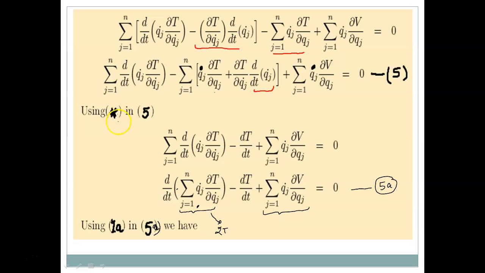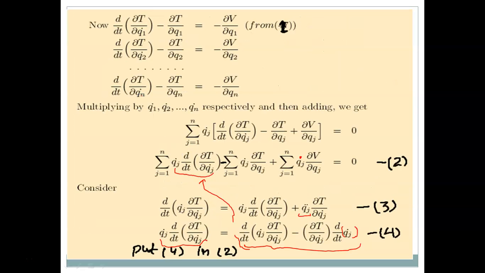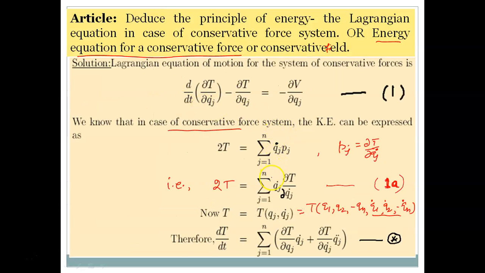Now using equation star in 5. In equation star we are given the value of this quantity. In equation star we are having d by dt of del T by del Qj dot plus del T by del Qj dot Qj double dot.